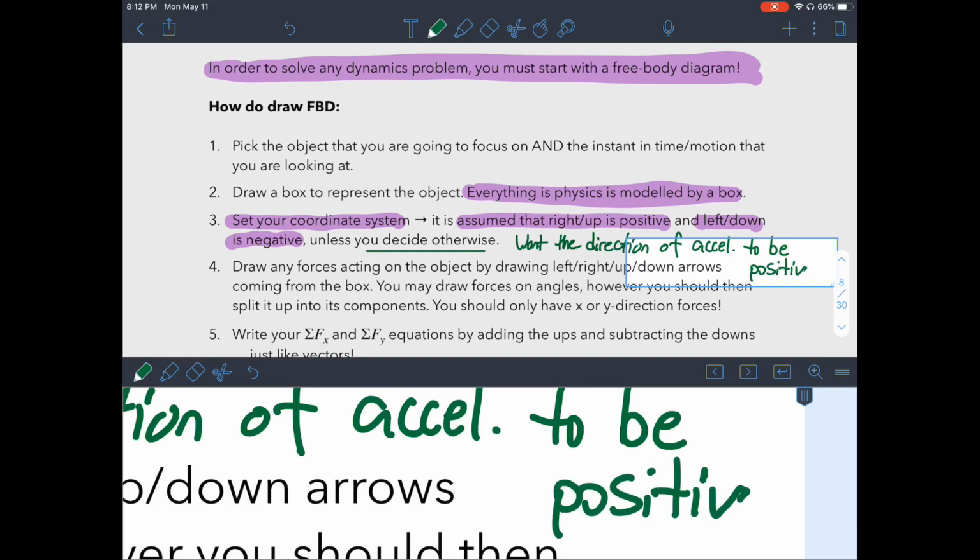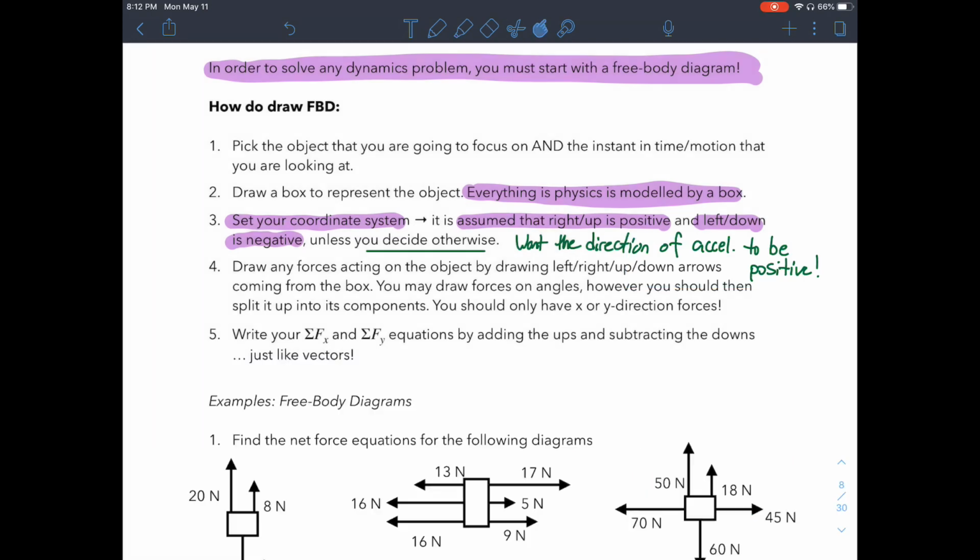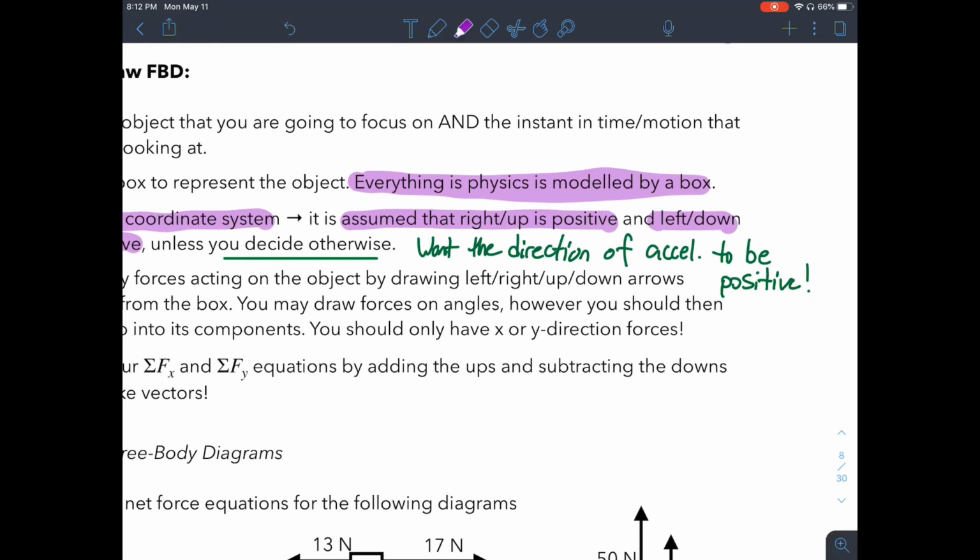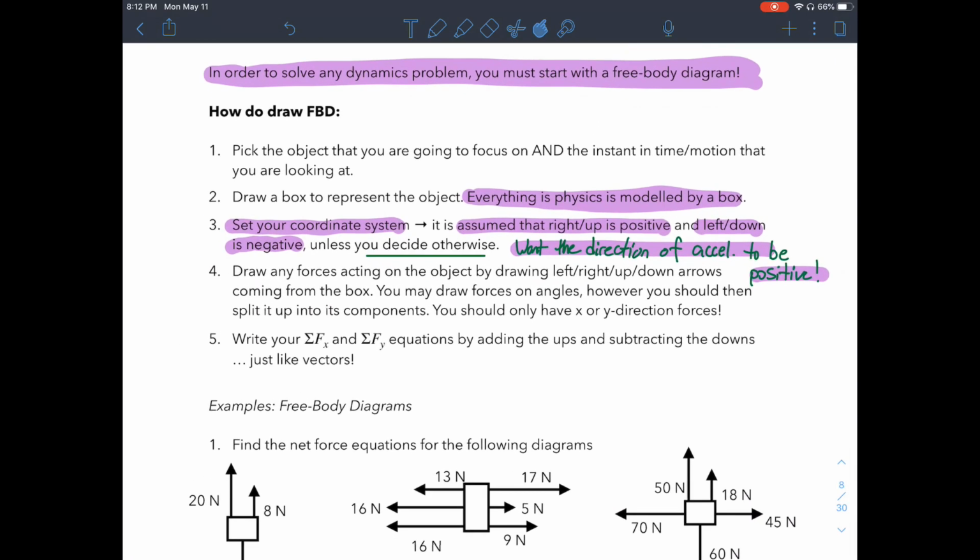You can do it the opposite way, but you need to set your direction of acceleration to be positive, okay? It just makes things nicer later on. I'll talk you through how that can change, okay?